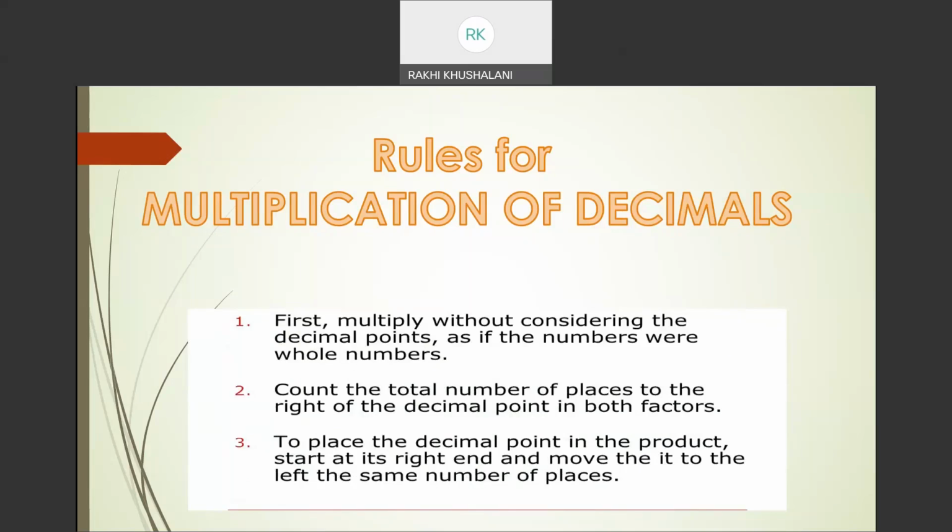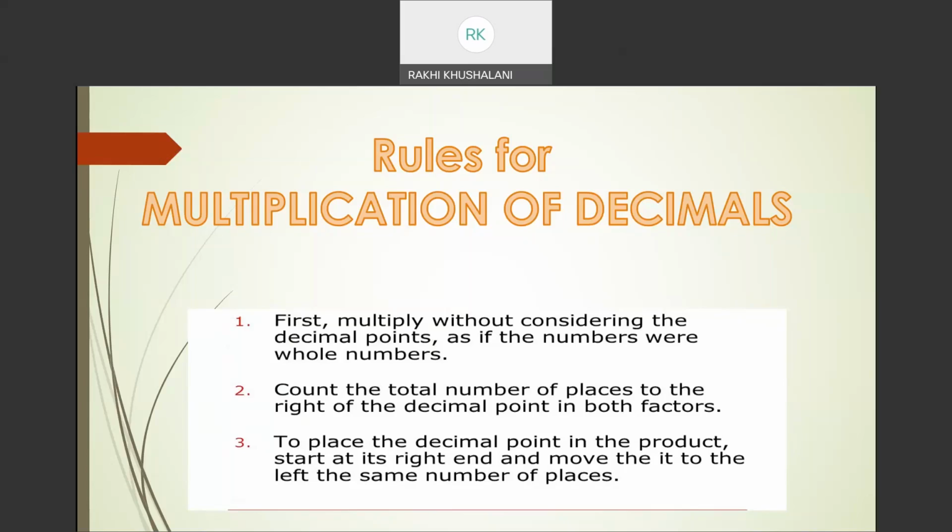As you're multiplying your whole numbers, count the total number of places to the right of the decimal point in both factors. Children, you always have to remember decimal के बाद के number of places.